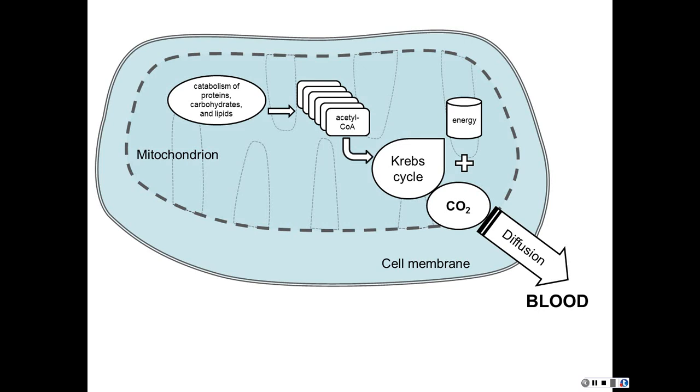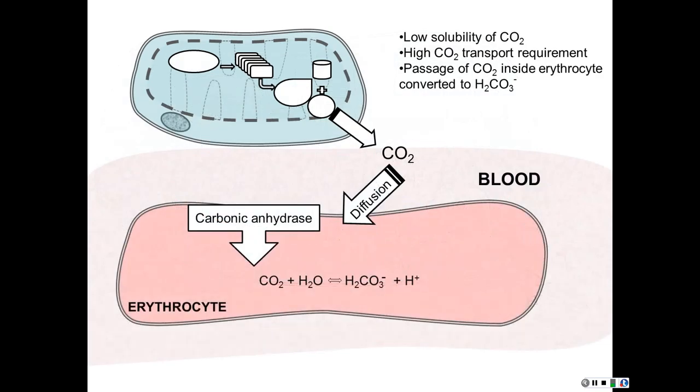But the point of this slide was that CO2 is a byproduct of all the metabolism that happens in the mitochondria. CO2 rapidly diffuses through membranes, being neutral in electrical neutrality, and so there's this large amount of CO2 that gets produced, like a couple hundred liters per day, that has to be eliminated through the lungs.